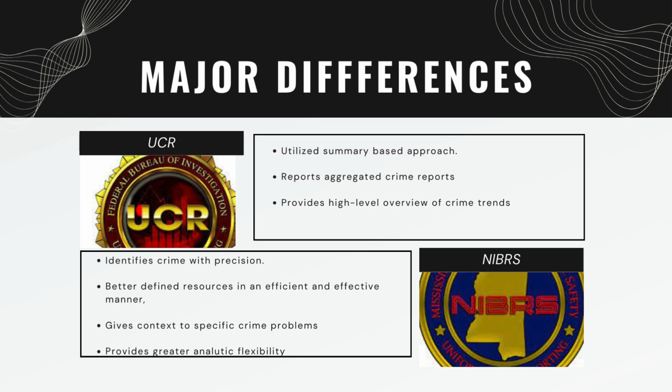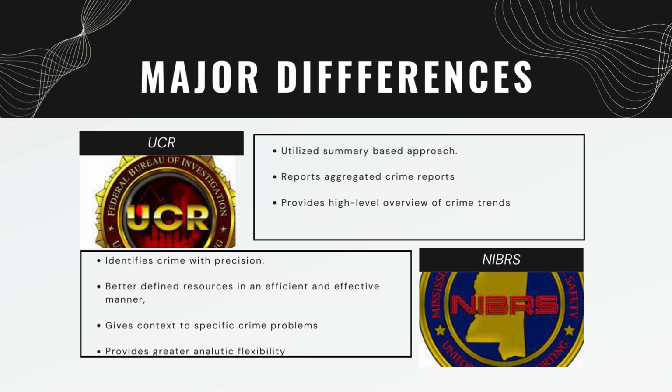rather than a specific area, a specific person, and then a specific offender. Furthermore, the NIBRS identified crime with precision. It better defined resources in an efficient and effective manner. They gave context to specific crime problems rather than dealing with crime as a whole.